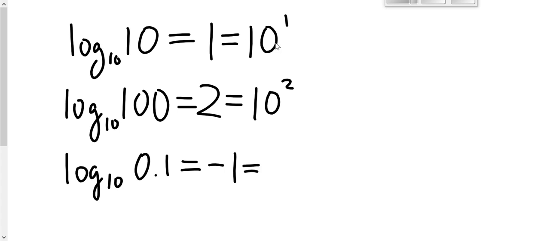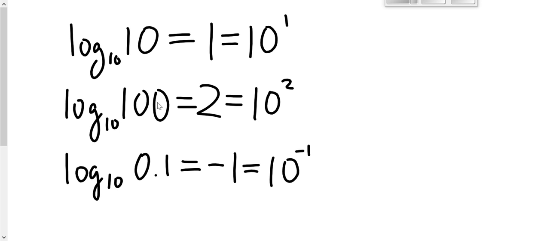So base 10. What is the exponent? Whatever answer we have. So if you look at this, 10 raised to the power of -1 is actually 0.1.